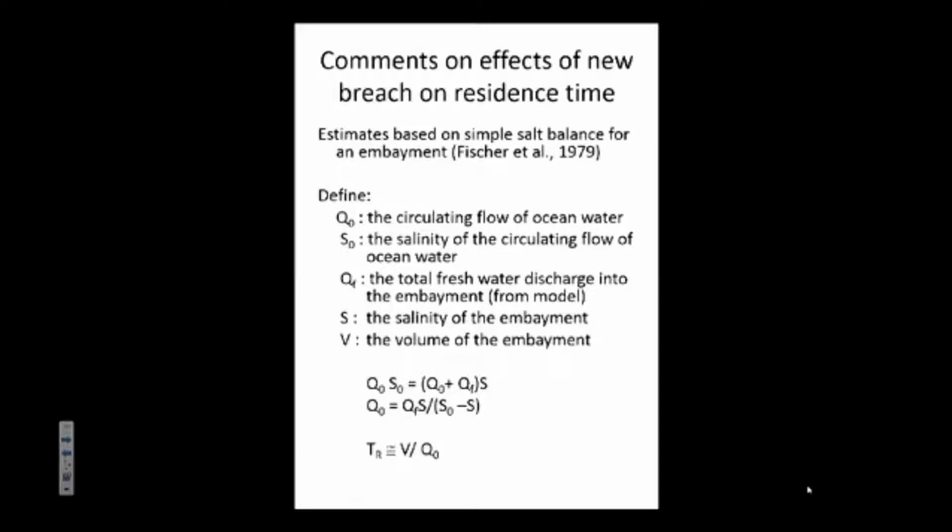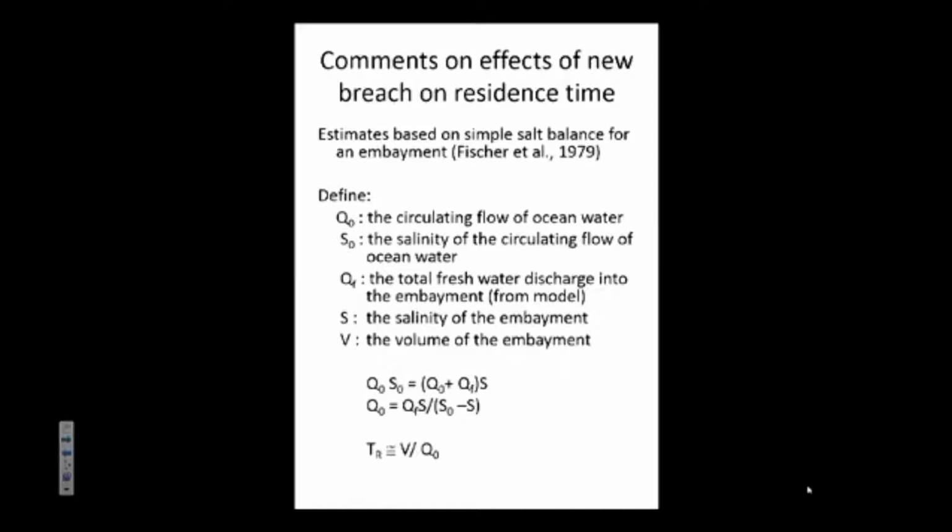And the parameters are the circulating flow of ocean water, pure ocean water, which is about 31.5 PSU, the salinity of the ocean water, the total fresh water into the compartment of the lagoon, and in our case, these freshwater estimates were taken from our model, which has surface water inflow to the segment of the lagoon, as well as some groundwater inflow.